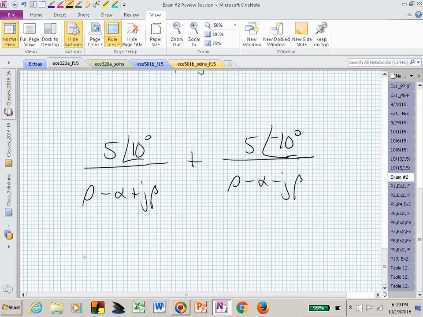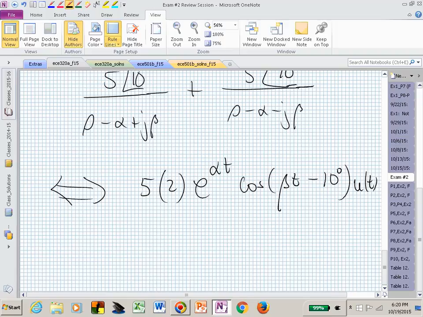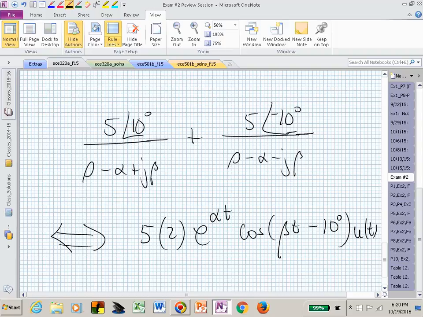So now I would have something like 5 times 2 e to the alpha t cosine beta t minus 10 degrees. And when is that true? For t greater than or equal to 0. So I'll switch it on with the u of t. Does that answer your question?